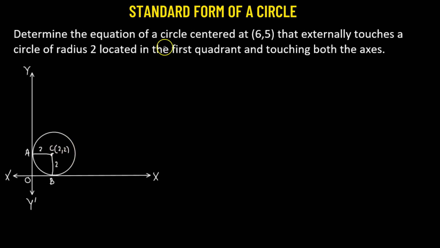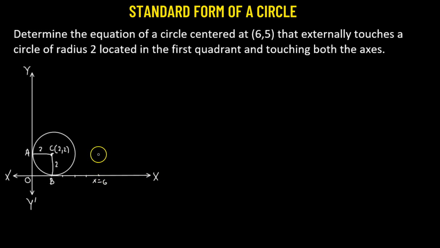Now we have another circle which is centered at (6, 5), and that circle externally touches the smaller circle. So let's first try to find out the point (6, 5). Up till point B, we have x equals 2 units. So we have 3, 4, 5, 6. So this is the x value corresponding to 6 units. We'll have to go 5 units above, along the positive direction of the y-axis.